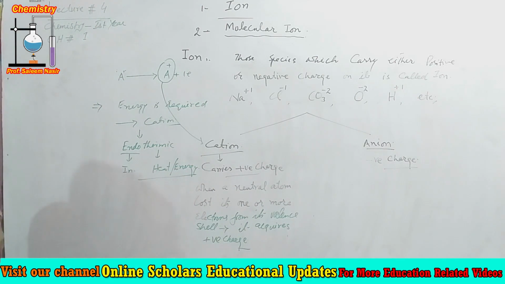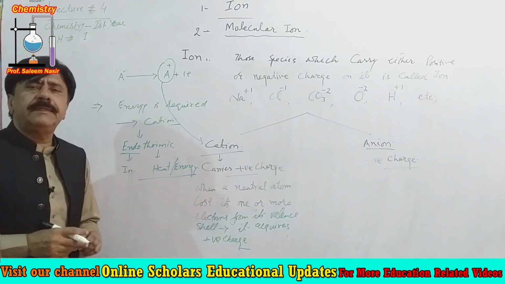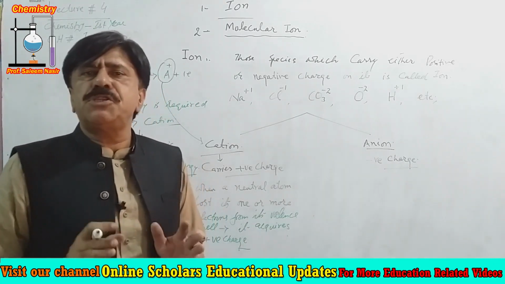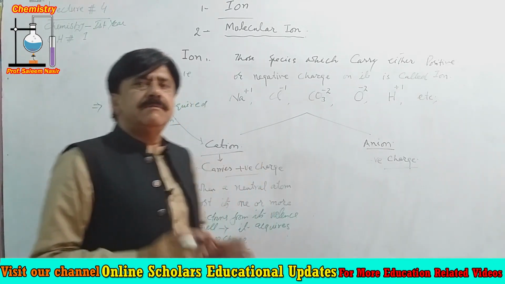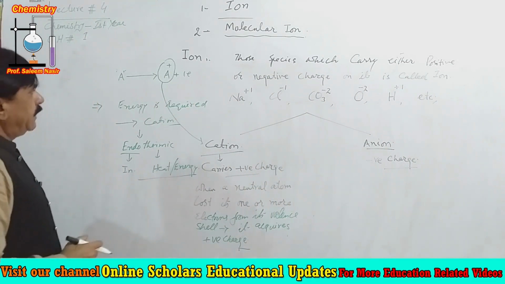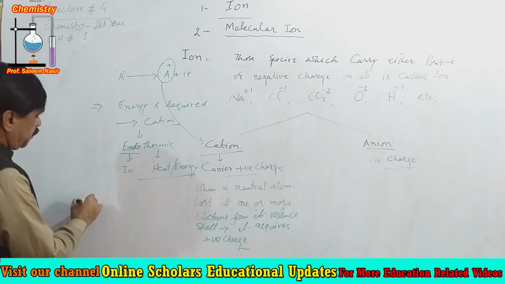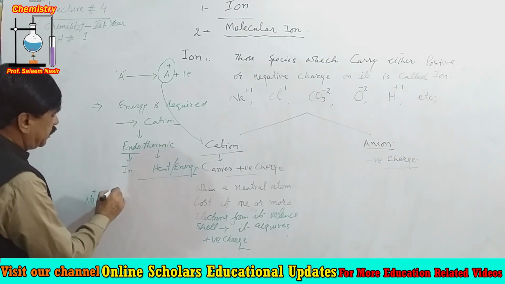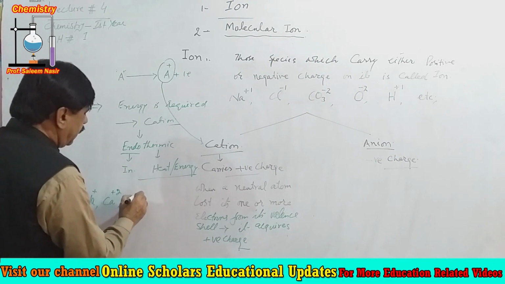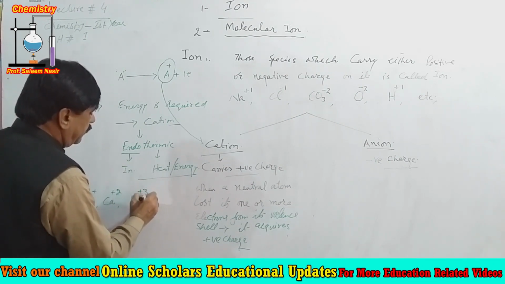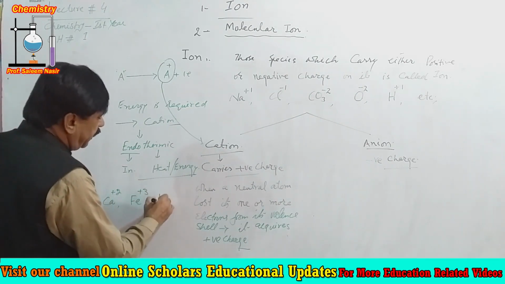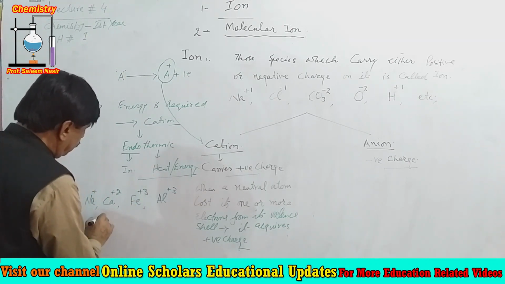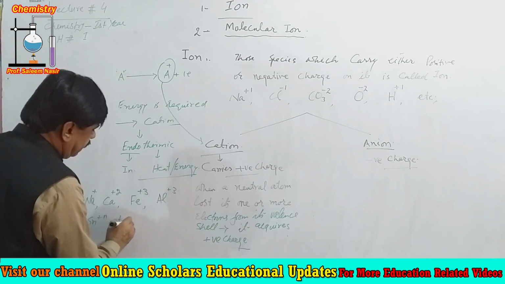Students, you must know that the formation of the cation is most common in metal atoms like sodium, calcium, iron, aluminium, tin, etc.